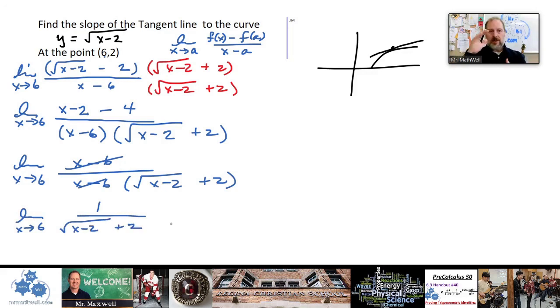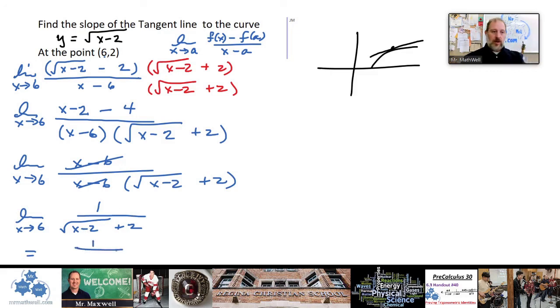So we've taken a rational function and put it into a different form. Now, is this going to be okay? Can we simply substitute to approximate the limit? Well, 6 minus 2 is 4, the square root of 4 is 2, plus 2. That's not going to give us 0 anymore.